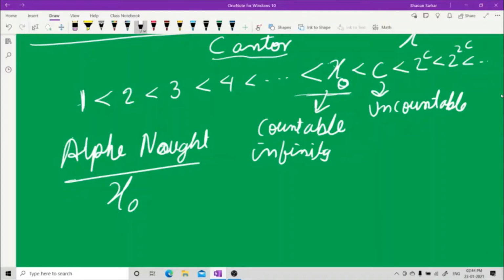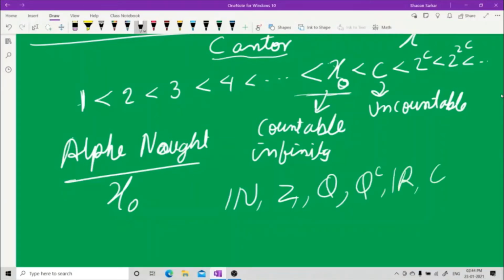Until now you knew natural numbers, integers, rationals, irrationals, reals, and complex numbers. They were all infinite.